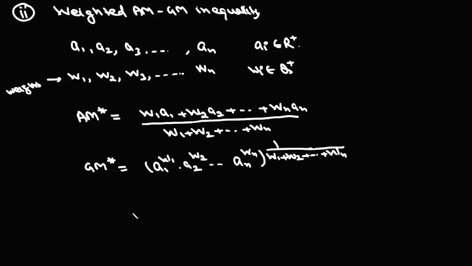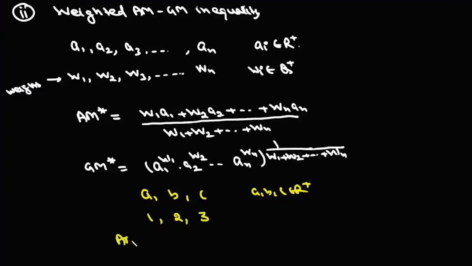Now let us take an example. Say for example we have three positive real numbers a, b and c. So these a, b and c are positive real numbers, and let us consider their weights as 1, 2 and 3.